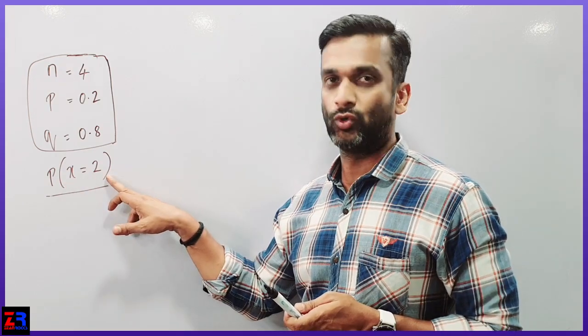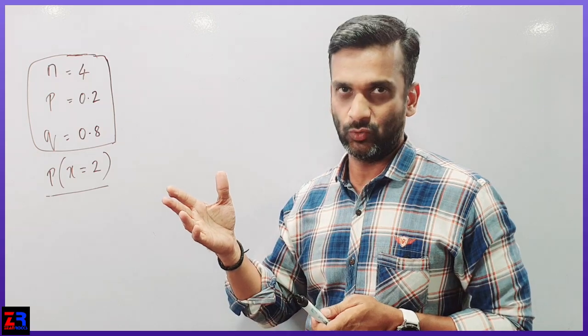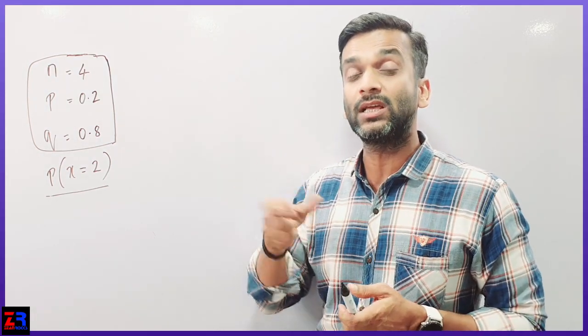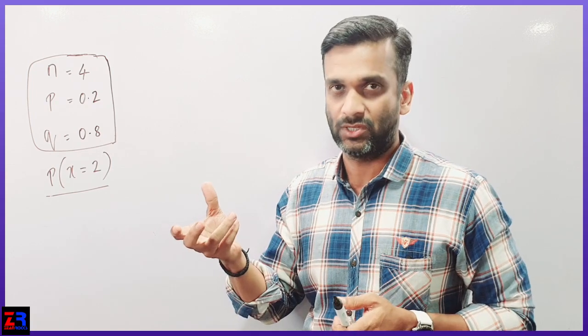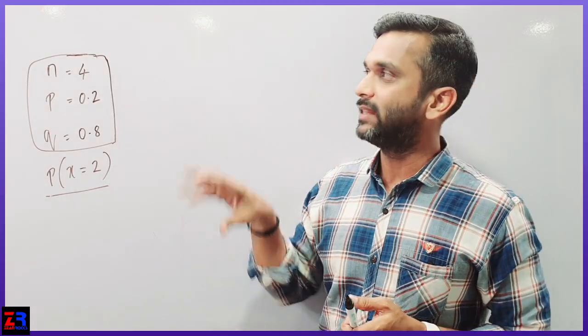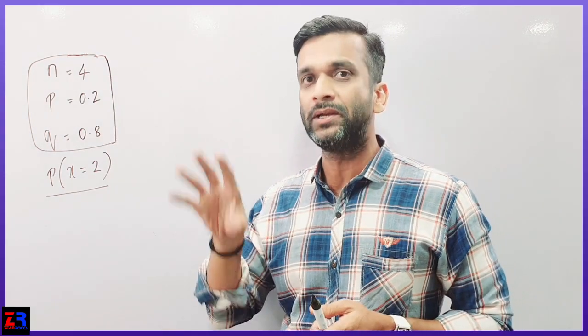X is equal to 2. So 2 items are defective, 5 items are defective, 2 people are mad, 10 people are mad. That means we can count the number of items, we can have an exact value. That is why this binomial distribution is a discrete probability distribution.